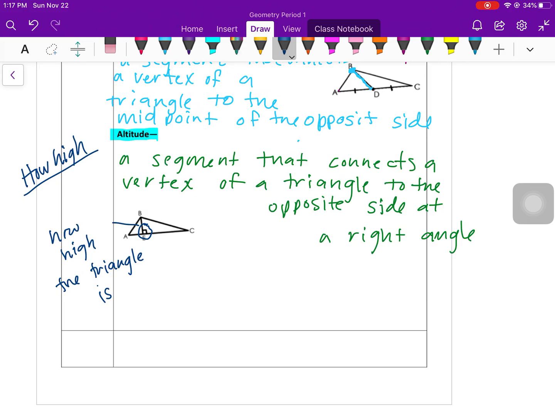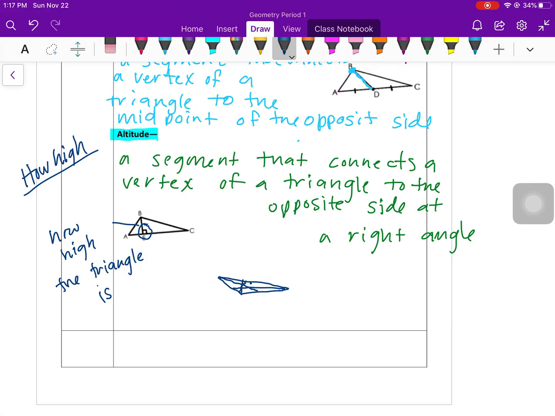Notice there's no congruent parts in this. We just go from how high the triangle is. So let's say we had a triangle like this, and we wanted to find out how high that guy was. Well, if we connected a vertex to form a right angle, we wouldn't be able to do that. We connected that, that doesn't form a right angle, that doesn't form a right angle.